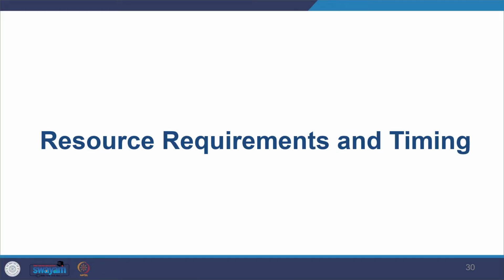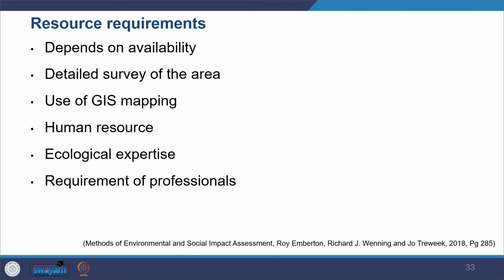Further, looking into resource requirements and timing. There will be a lot of variation in terms of what kind of resources and time are needed for EIA, and it will all depend on what kind of information is already available for your study area. If there's no data available, then you might have to undertake a lot of primary study.